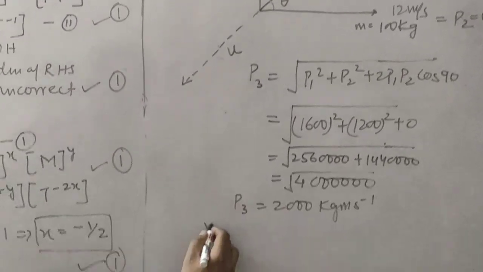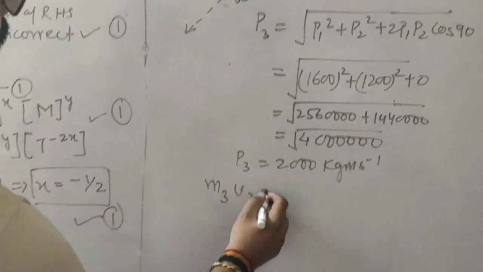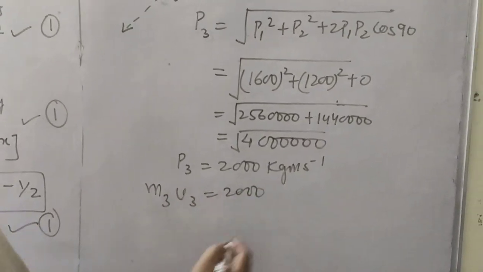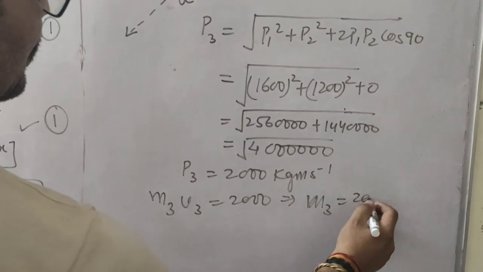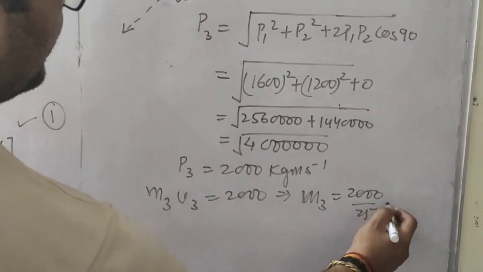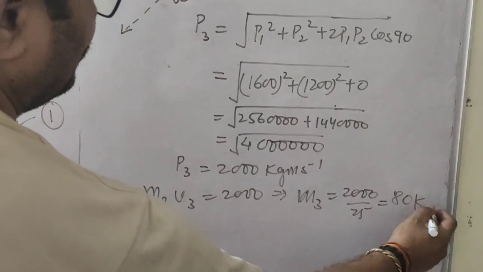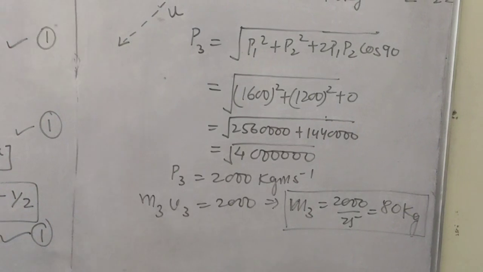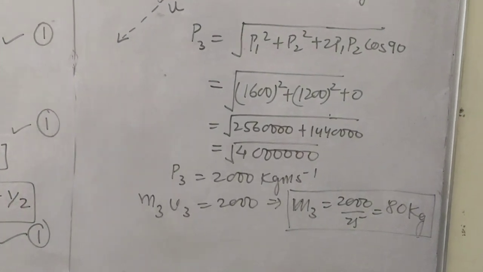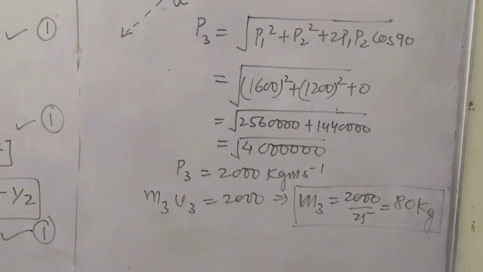So M3 into V3 is equal to 2000, which implies that M3 will be 2000 by 25, that is 80 kilogram. So 80 kilogram is the mass of the third part.